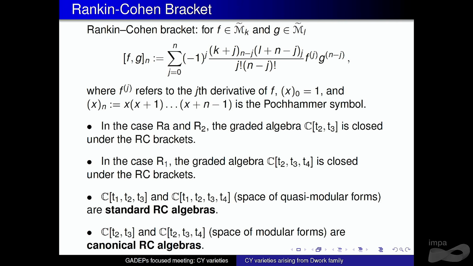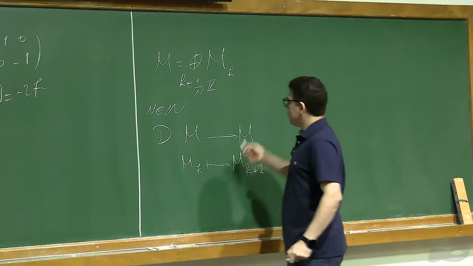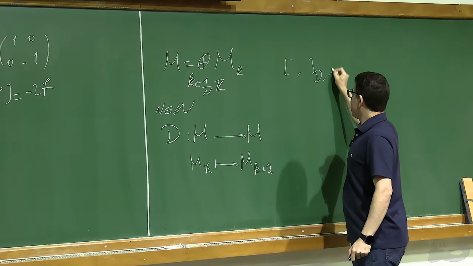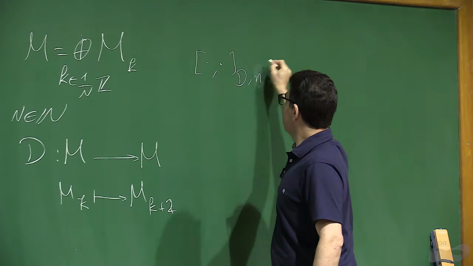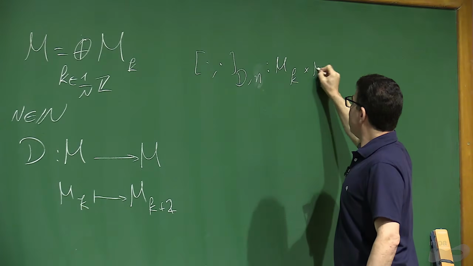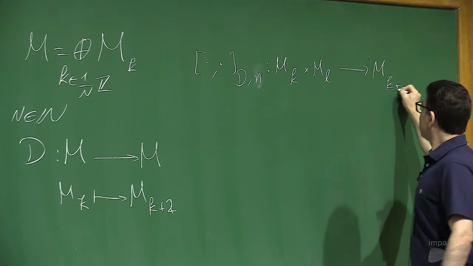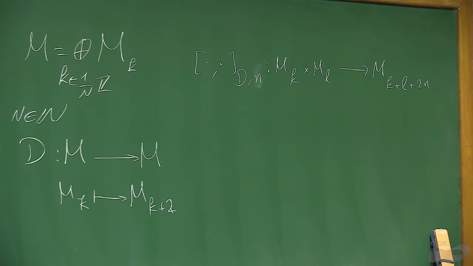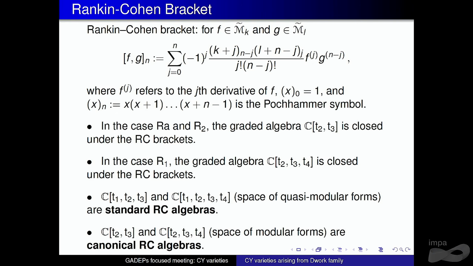So if we have a derivation of degree 2, now let's talk about a general graded space like M that I defined here, with the derivation of degree 2, and we define with respect to this derivation a bracket like this that satisfies all algebraic conditions satisfied by the Rankin-Cohen brackets. Then we call this algebra a Rankin-Cohen algebra.